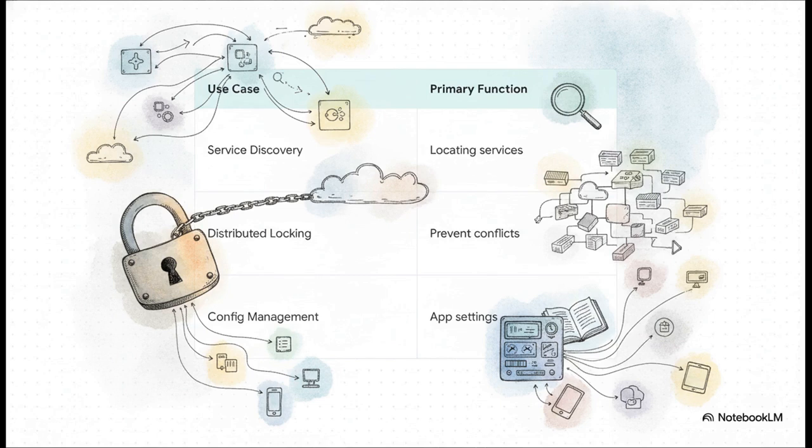Look, when multiple parts of a system try to change the exact same data simultaneously, you are risking absolute chaos. etcd provides the locks to prevent those nasty data conflicts, ensuring only one process modifies data at a time. And finally, configuration management. It centrally manages all your application settings. Together, these three operations are absolutely crucial for keeping complex distributed applications perfectly synced up.